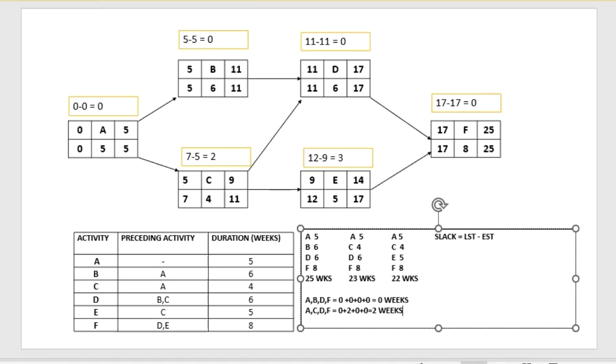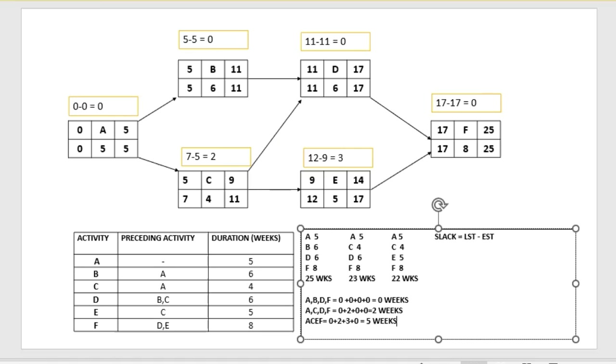All right. Path ACEF. That is 0 plus 2 plus 3 plus 0, that's equal to 5 weeks, right?